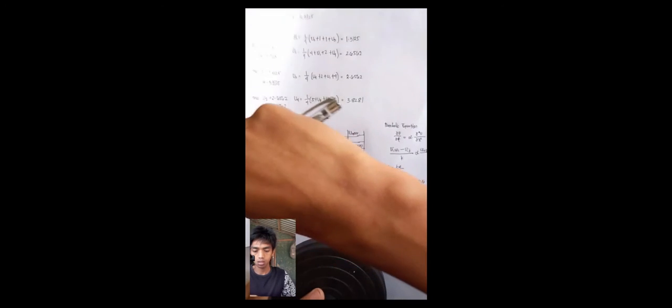We need to answer this using this formula: relative error is u new minus u old over u new.